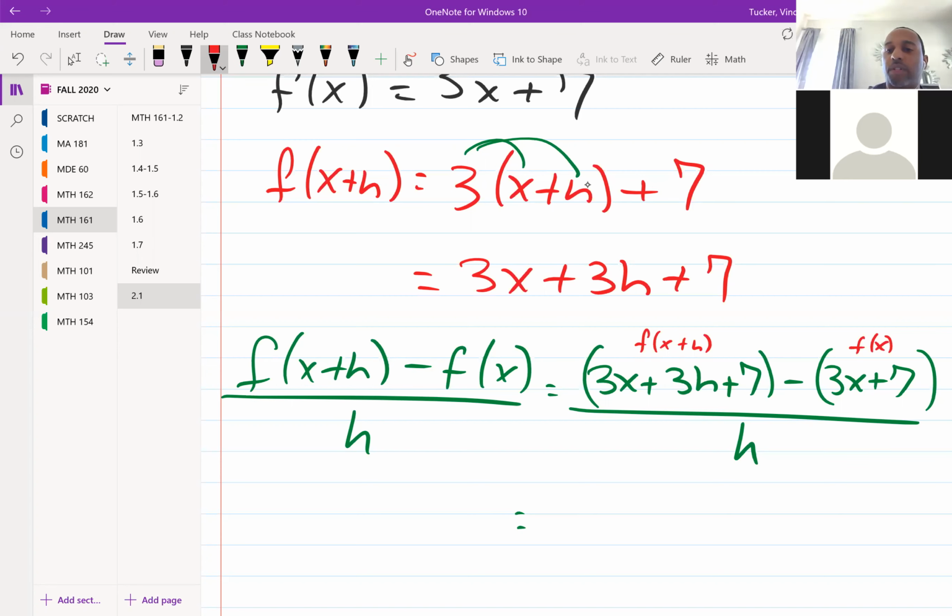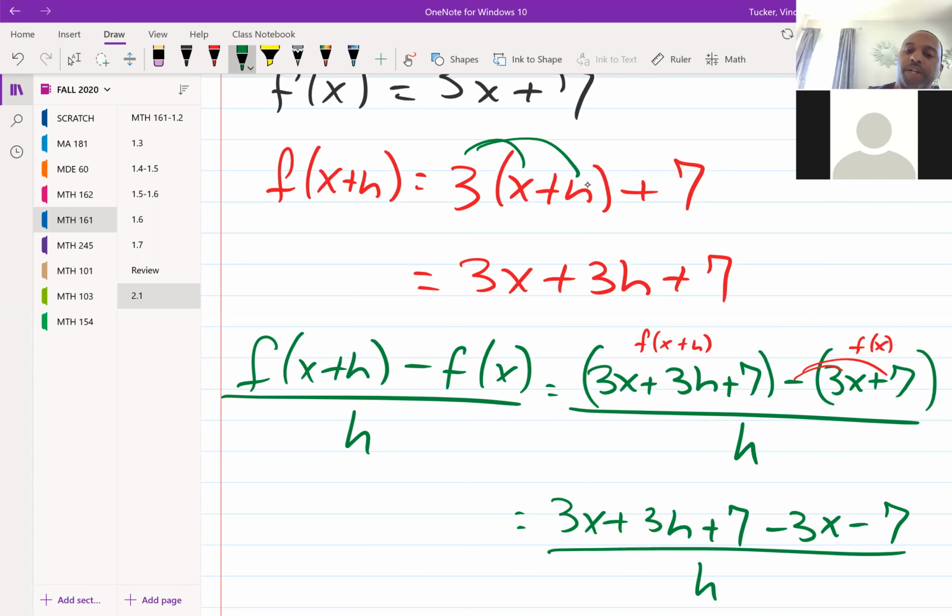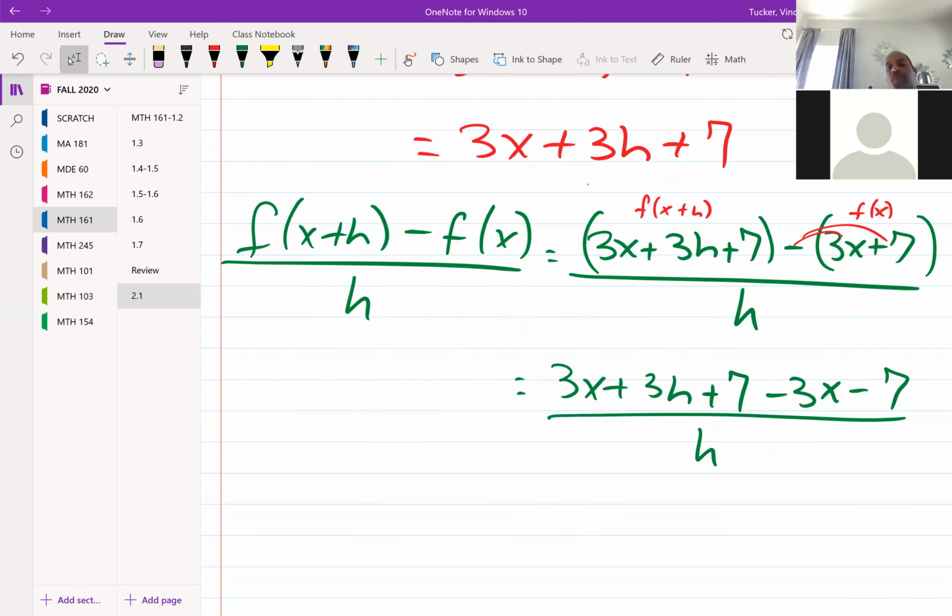So I'm going to go ahead and distribute this negative. And so that'd be 3x plus 3h plus 7 minus 3x minus 7 all over h. Cancel out like terms. 3x minus 3x cancels. 7 minus 7 will cancel as well.